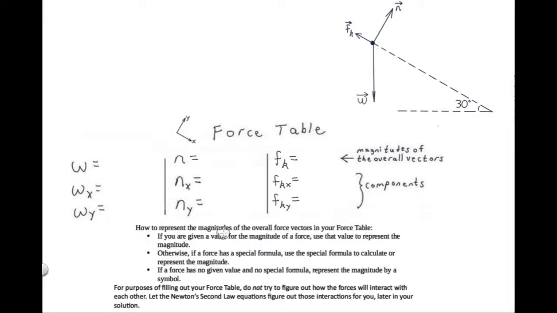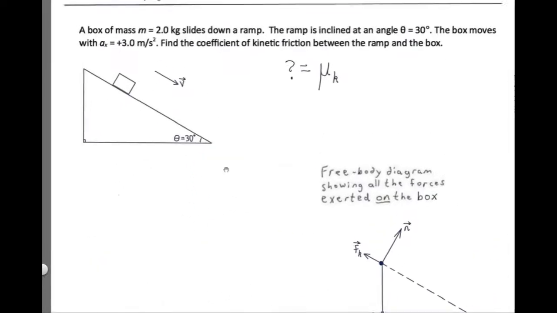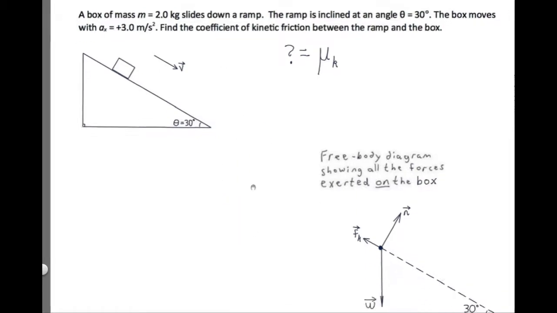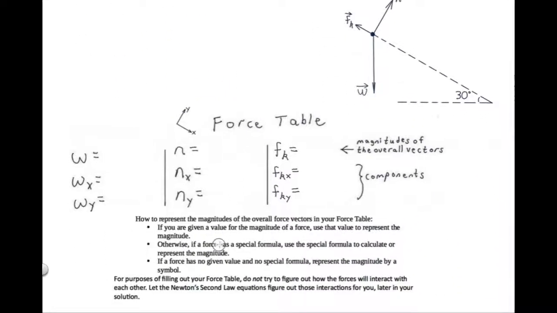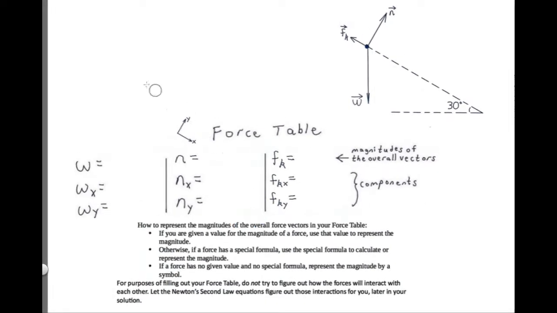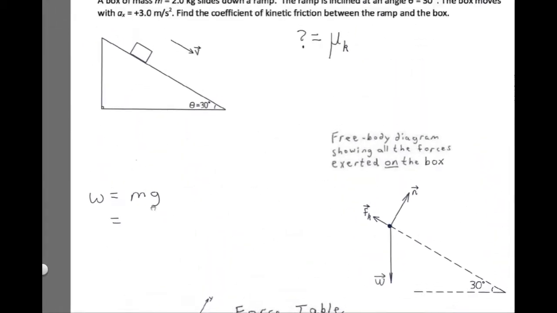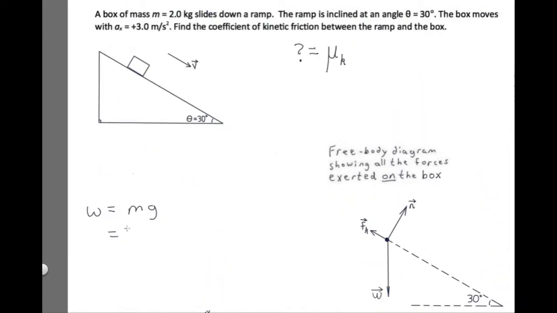Here's the outline of our empty force table. Let's begin by working on the weight. Were we given a value for the magnitude of the weight? No. Is there a special formula for the magnitude of the weight? Yes, there is. The special formula is W equals mg. So for the mass, we're going to plug in 2 kilograms.